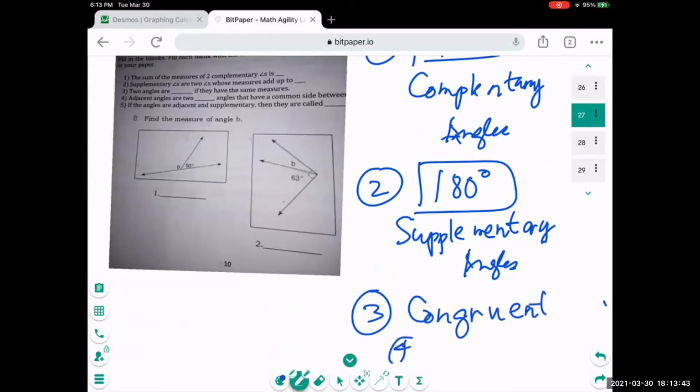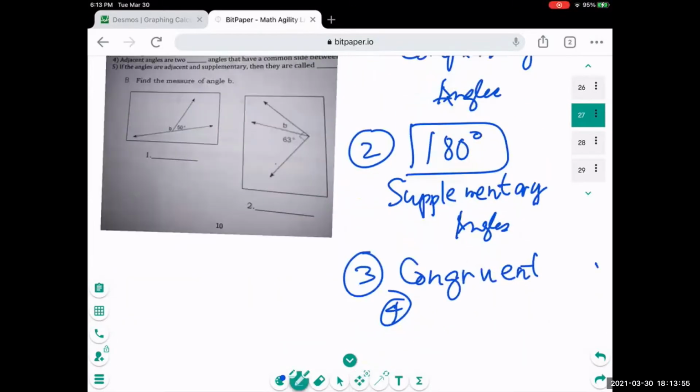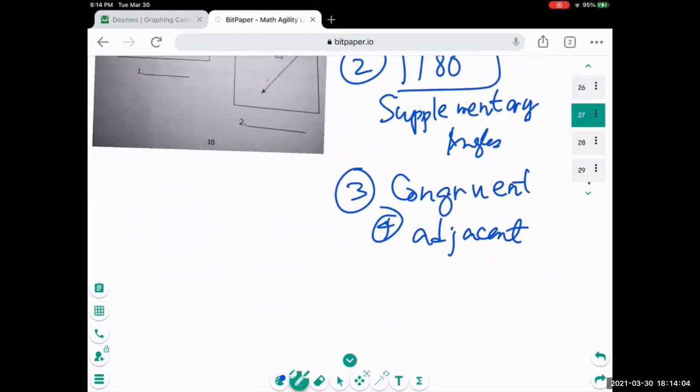And then for number four, adjacent angles are two blank angles that have a common side between. So two adjacent angles have a common side and a common vertex, right? So for example, you have this.